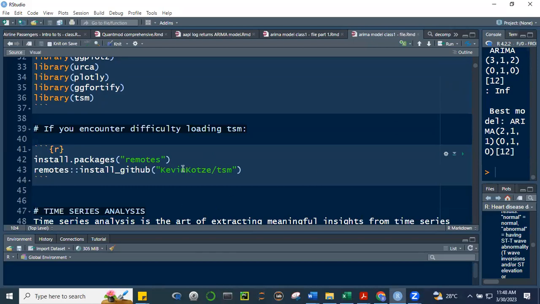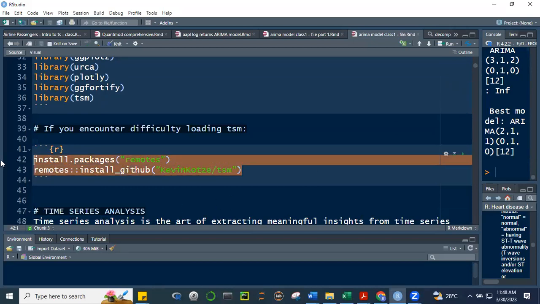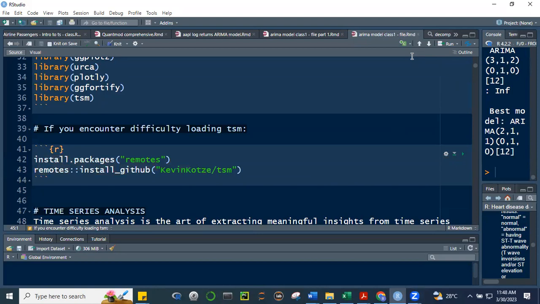I'm not sure if I shared this with you, but if you're having problems with a particular package, of course you can Google how to install those packages. But let me just share with you in the interest of time. You first install the remotes package, and then use the function install_github and write Kevin Kodzi TSM.